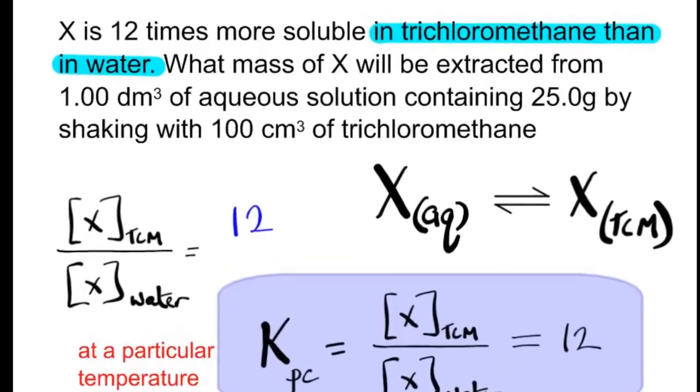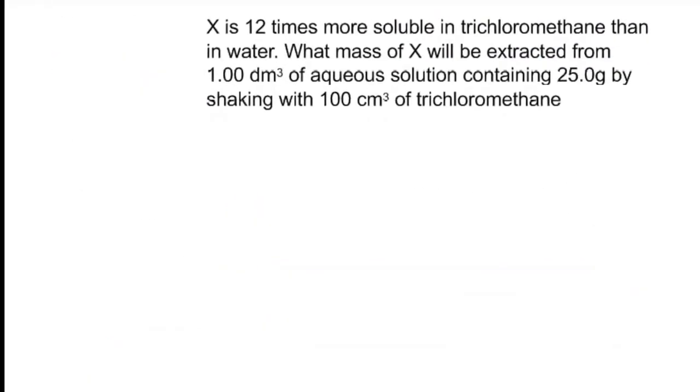Returning to the question to pick up the rest of the information, we've got a total of 25 grams of X, which will partition itself between the water and the trichloromethane. It's initially present in the 1 cubic decimeter of water.